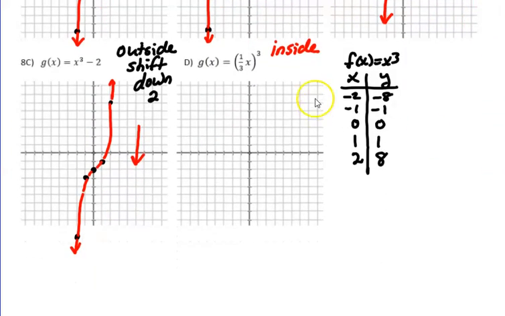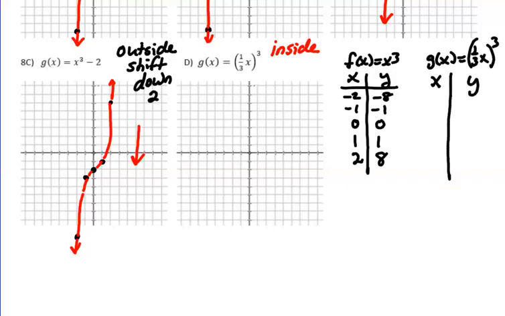So now I'm multiplying by 1/3 times x before I cube it. So to get the same values for y that I had before, I'm going to have to compensate by making x 3 times bigger. So let's do g of x here. If g of x equals (1/3 x) to the 3rd power, so I've got x and y.